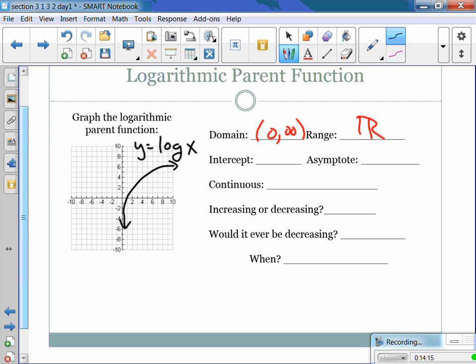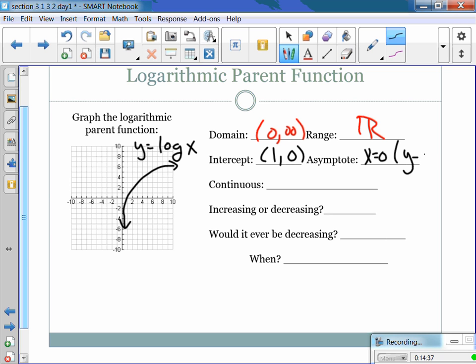So it was 0, 1 for our exponential. So then for my log, the inverse it is 1, 0. Asymptote, before it was y equals 0. Again, that's the whole idea behind our inverses, right?